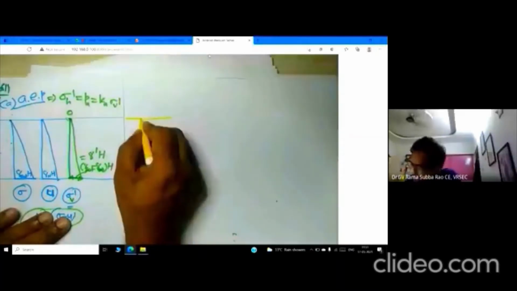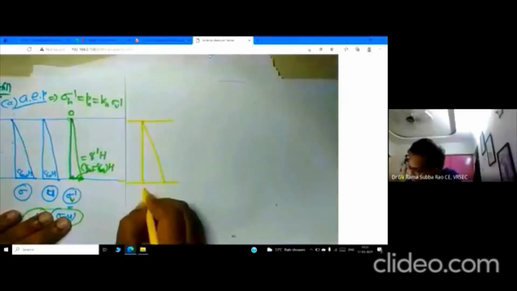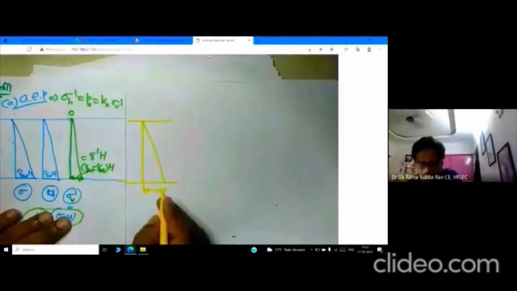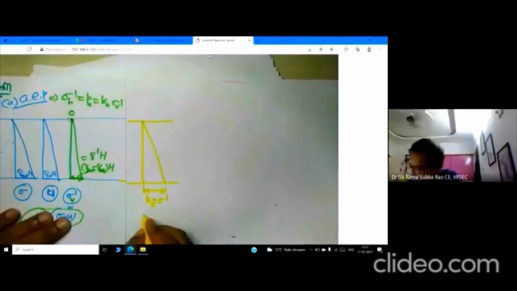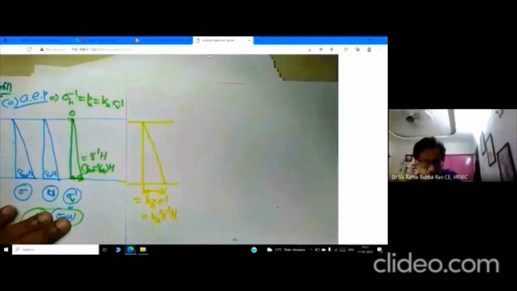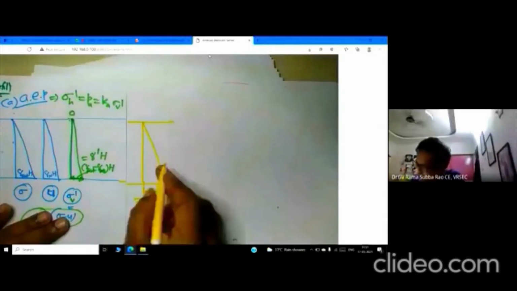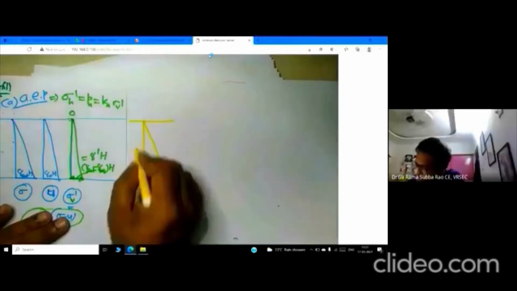What is the active earth pressure now? Ka into sigma dash. Now this will be Ka into gamma dash H. This is the pressure from the soil side. This is the ultimate answer, and you can see this is the height of the wall.